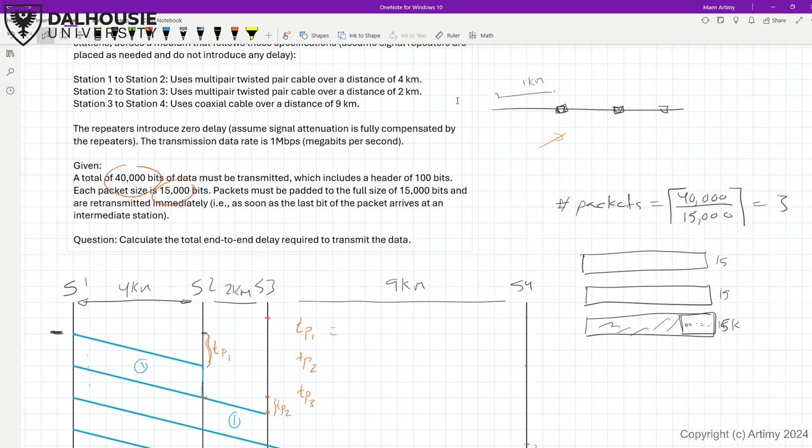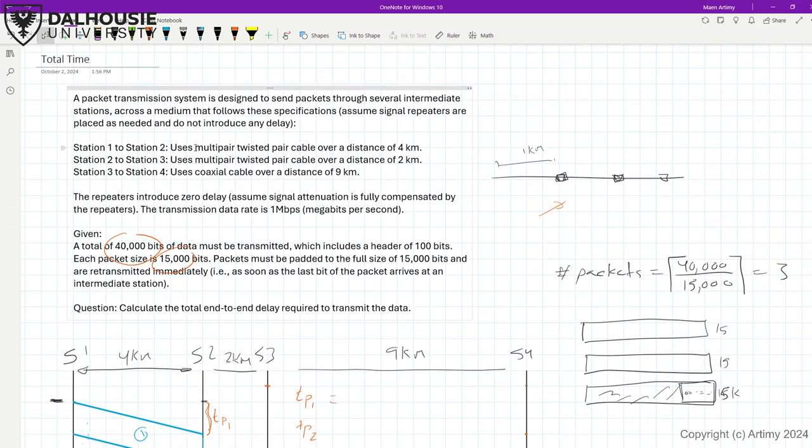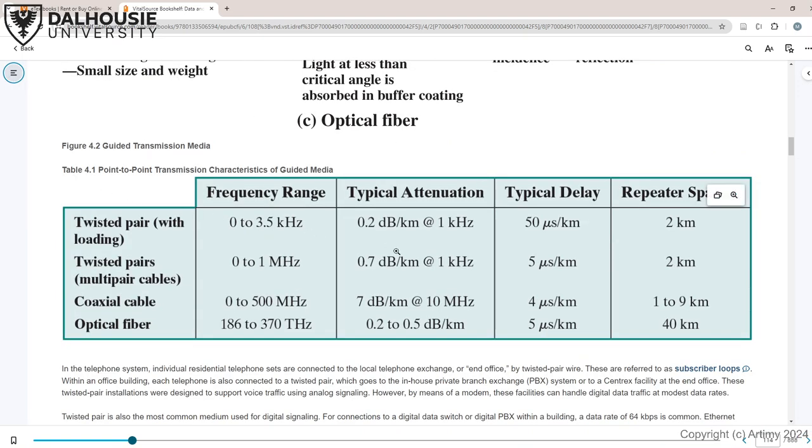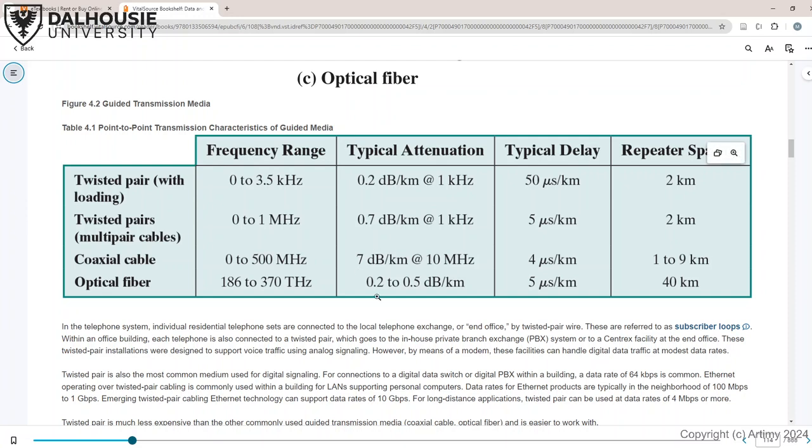Okay, we have clues. The clue is, well, first is the distance, of course, and the second one is multi-pair twisted pair cable. That indicates what kind of a cable we have. If you go to the book and specifically table 4.1, chapter 4, you will see this table here.